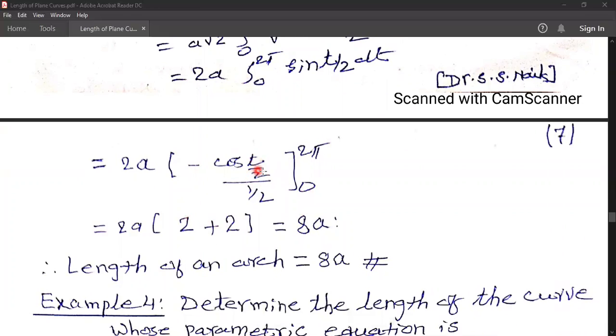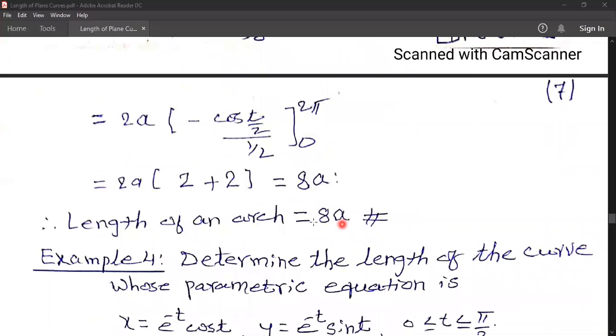When t is equal to 0, this becomes cos of 0, and cos of 0 is 1. So therefore, this 2 goes in the numerator, this becomes equal to 2. So 2 plus 2 is 4, 4 into 2 is 8a. Therefore, length of arc of the curve is equal to 8a, which was in the form of a parametric curve.